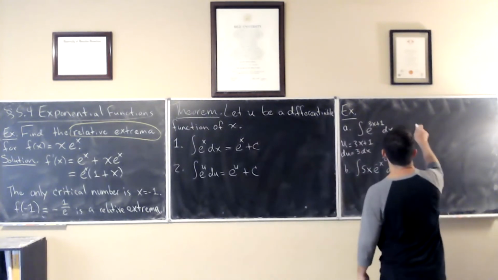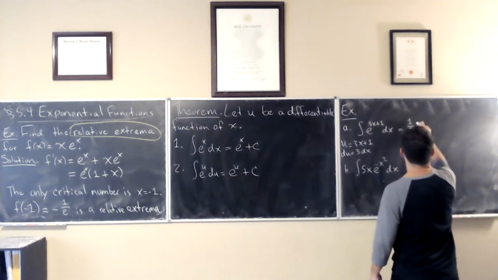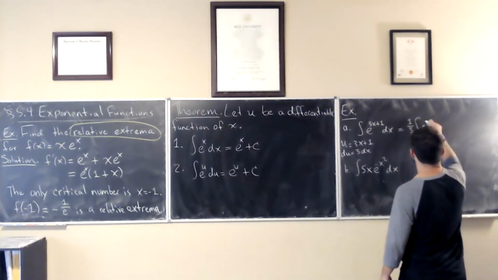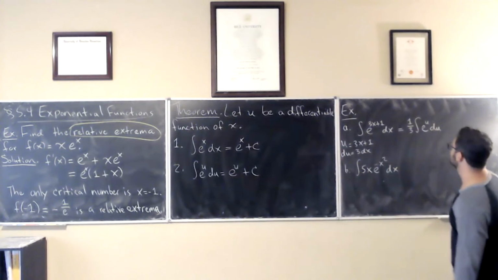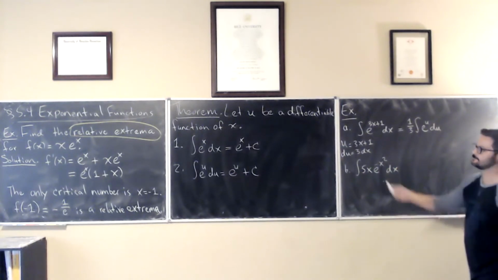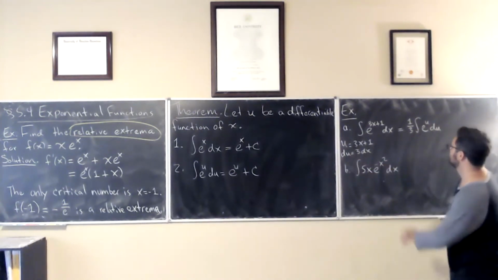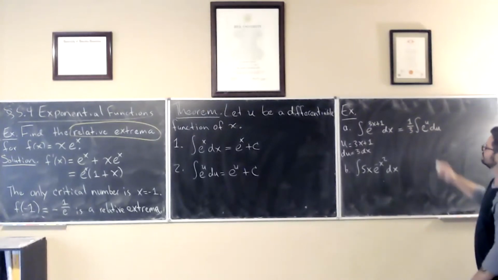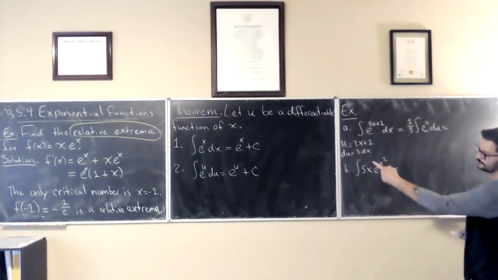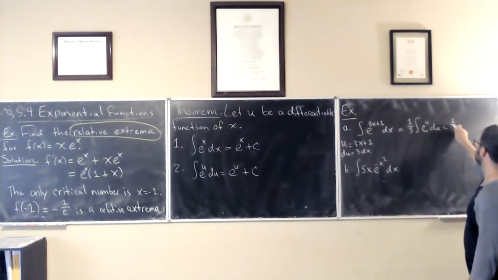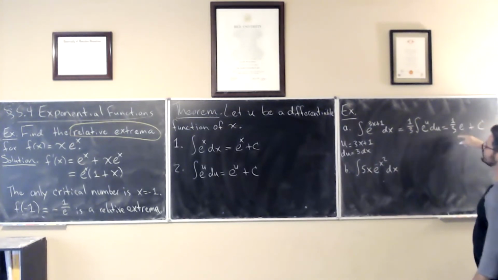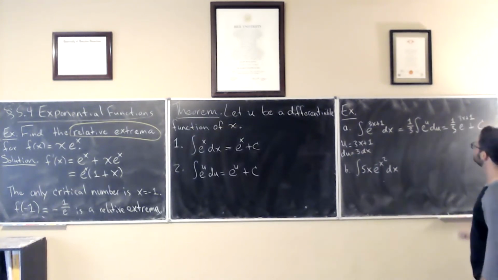So then this would be 1/3 of the integral of e to the power u du. I just divide both sides here by 3, take the 3 out in front of the integrand, and then using our theorem here, this is just 1/3 of e to the power u plus c, but what is u? It's 3x plus 1.